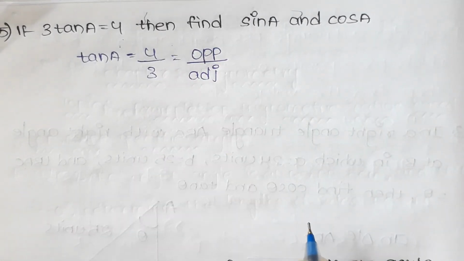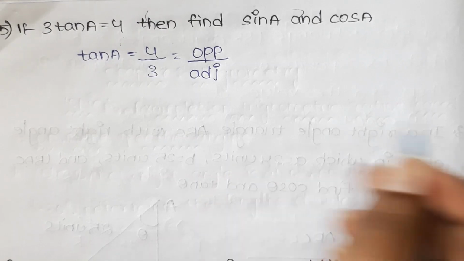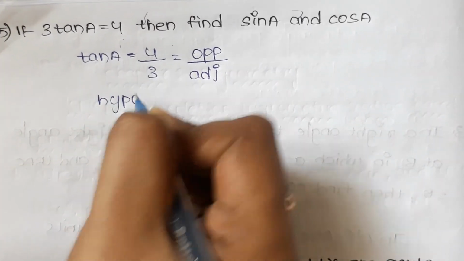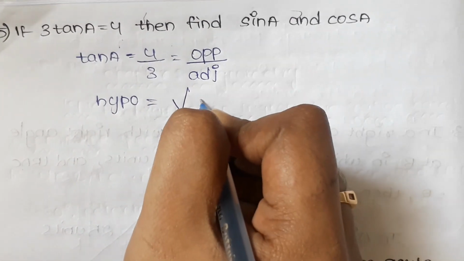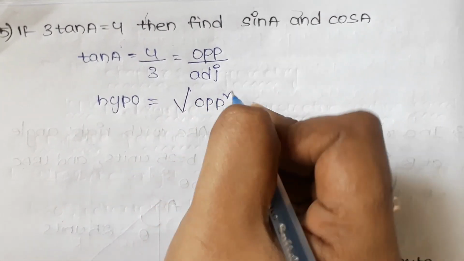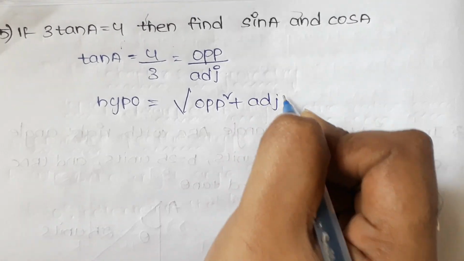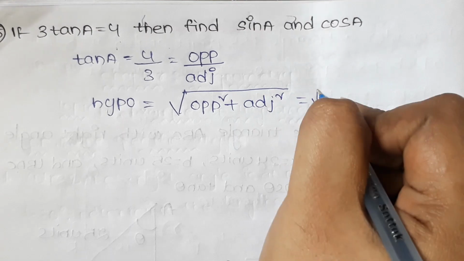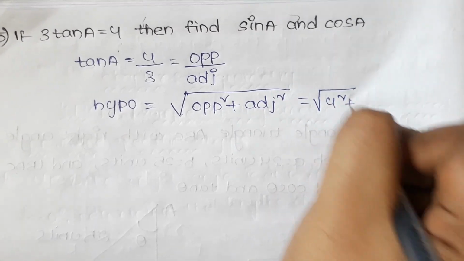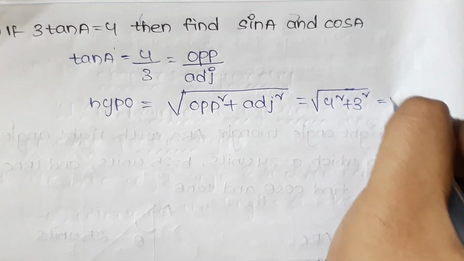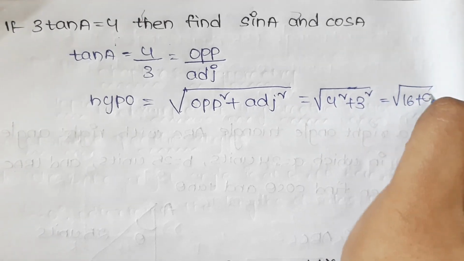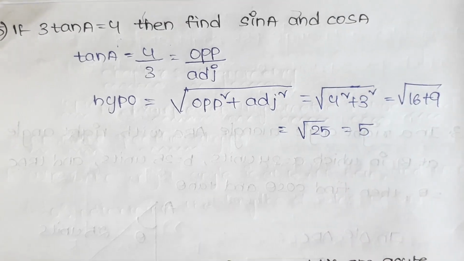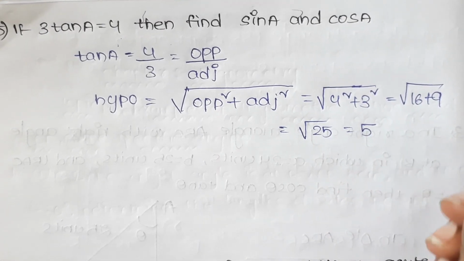And now we should find the hypotenuse value, that is hypotenuse equals square root of opposite square plus adjacent square. And from this, 4 square plus 3 square, root 16 plus 9, that is root 25. And now the hypotenuse value is 5 here.